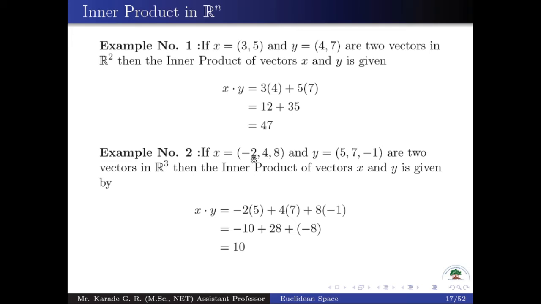The product of minus 2 and 5 plus the product of 4 and 7 plus the product of 8 and minus 1. So minus 2 into 5 is minus 10, plus 4 into 7 is 28, plus 8 into minus 1 is minus 8. So the resultant is minus 10 plus 28 plus minus 8 equal to 10. So the inner product of two vectors x and y is 10.